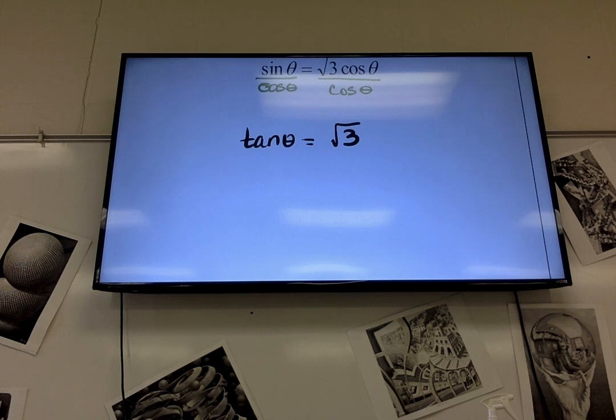If you have that trig chart done, look down the tangent column and find the square root of 3. We want this in radians. Pi over 3 and 4 pi over 3. That is right.